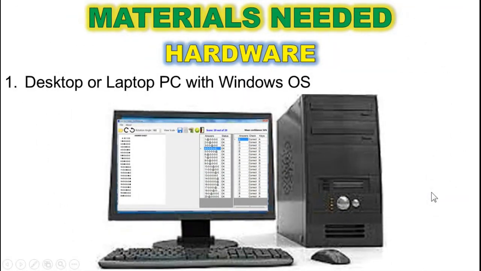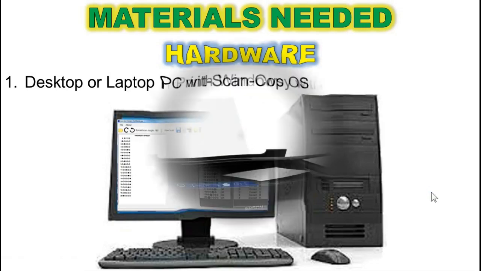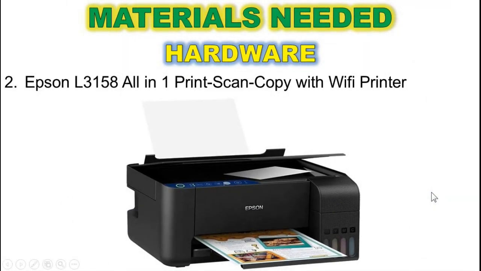The materials needed to utilize the student test checking system are: we need to have a desktop or laptop personal computer with Windows operating system. Next, we need an image scanner device. The image scanner device that I use is the Epson L3158 all-in-one print scan copy with Wi-Fi printer device.